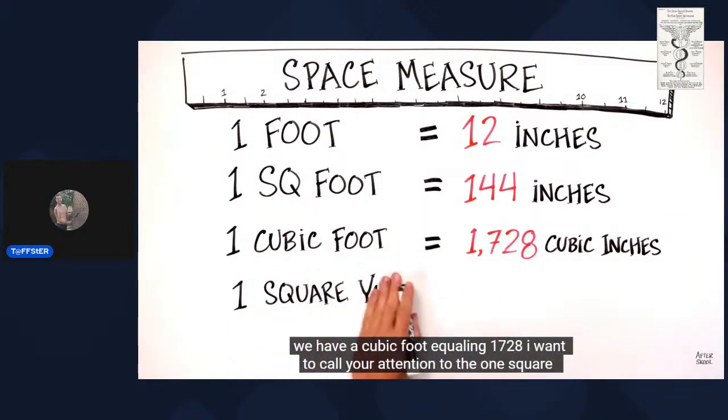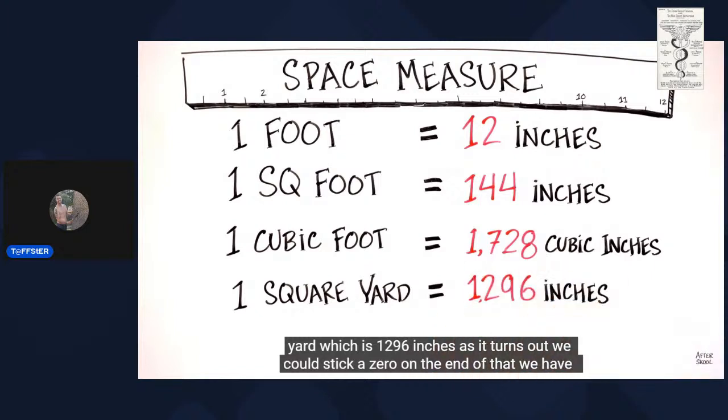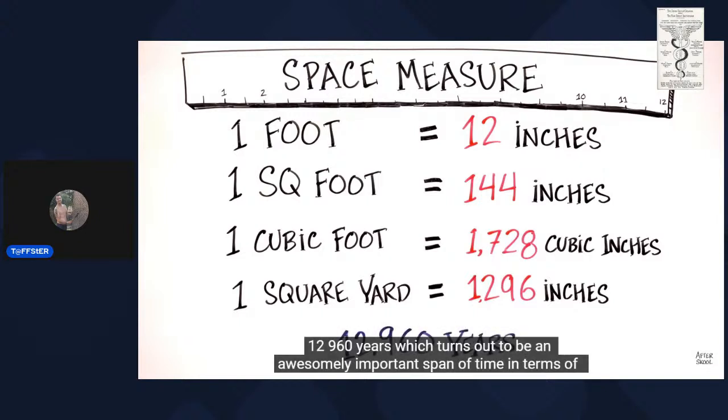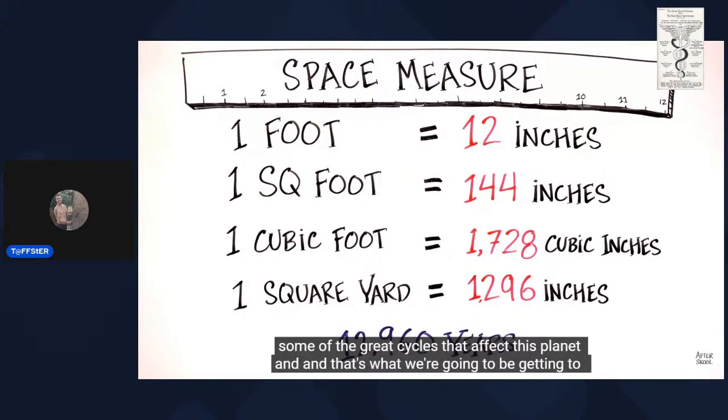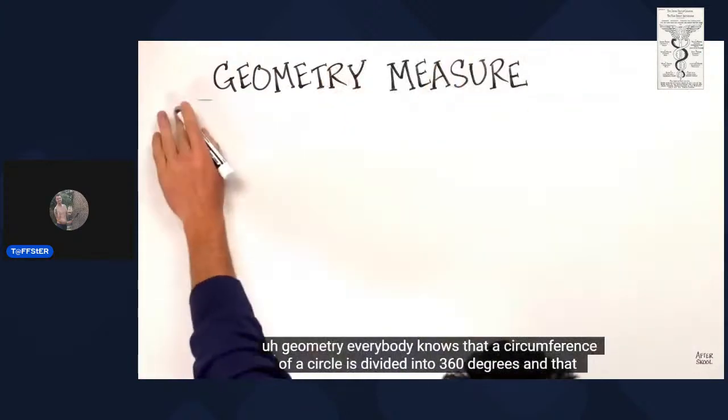I want to call your attention to the 1 square yard, which is 1,296 inches. As it turns out, we could stick a zero on the end of that, and we have 12,960 years, which turns out to be an awesomely important span of time in terms of some of the great cycles that affect this planet. And that's what we're going to be getting to.